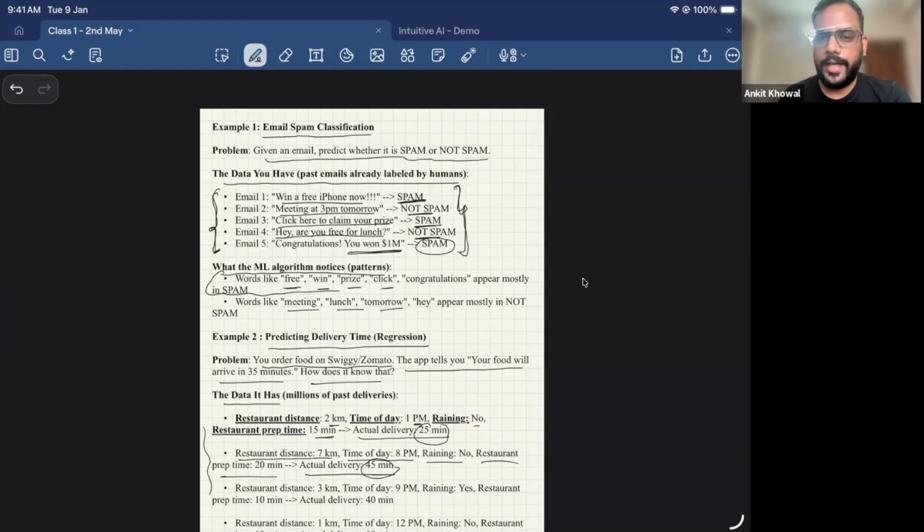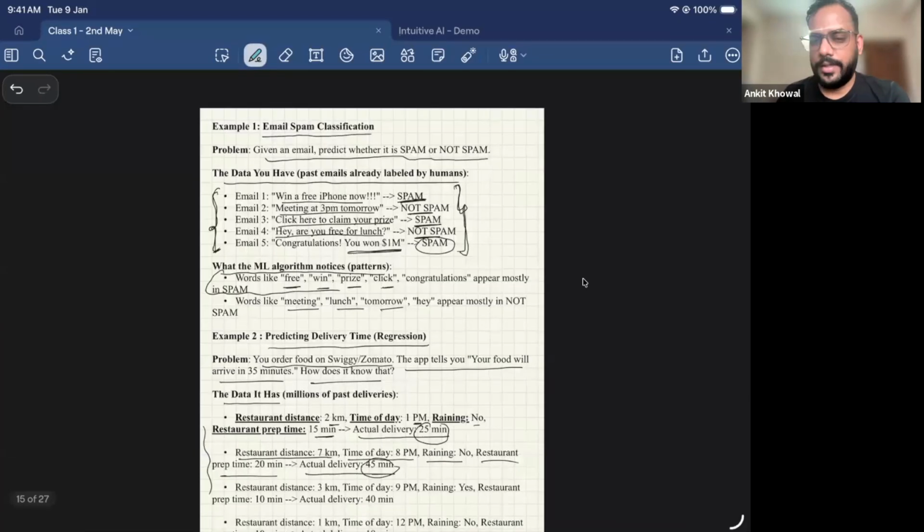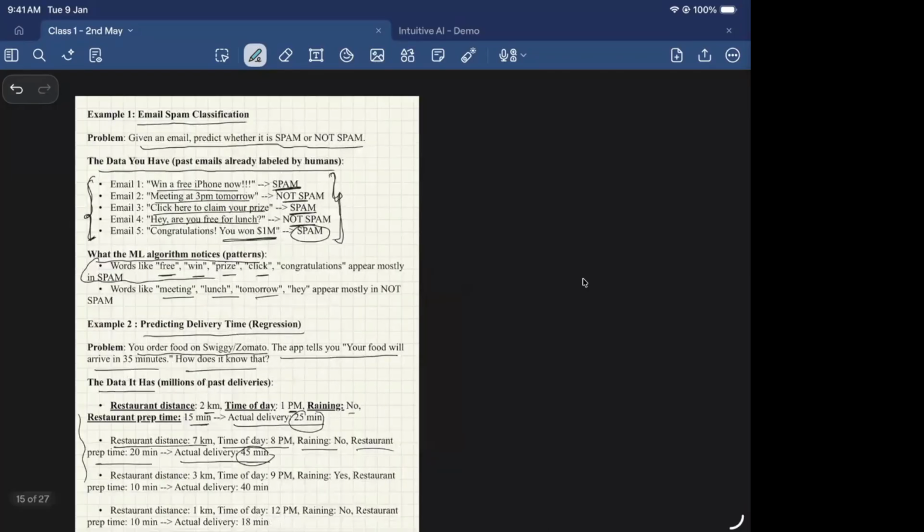So it will go through the entire data set and create categories among them, so that when you give it new data, it will be able to classify it into one of the categories. It's easy to have a mental map when you take this email example, so that's why I gave this example. Okay, let's move on to the next part.